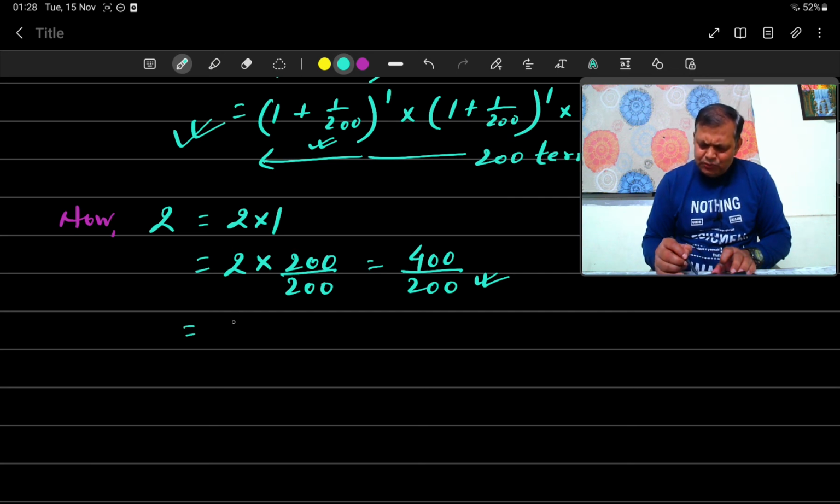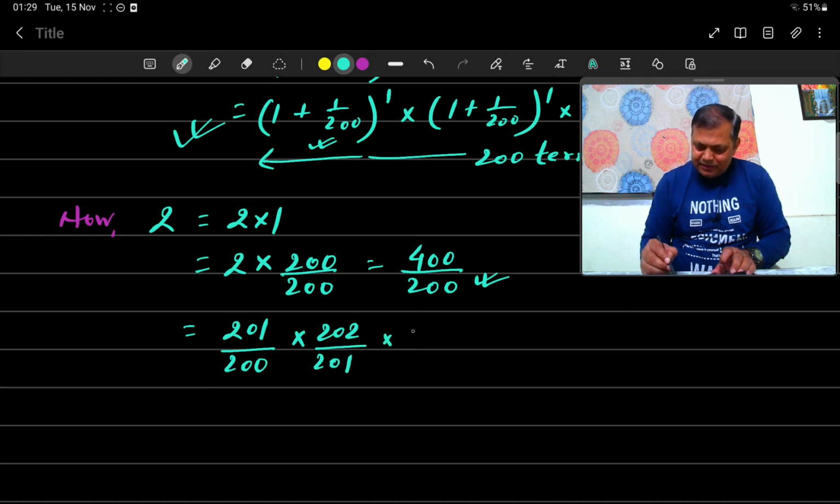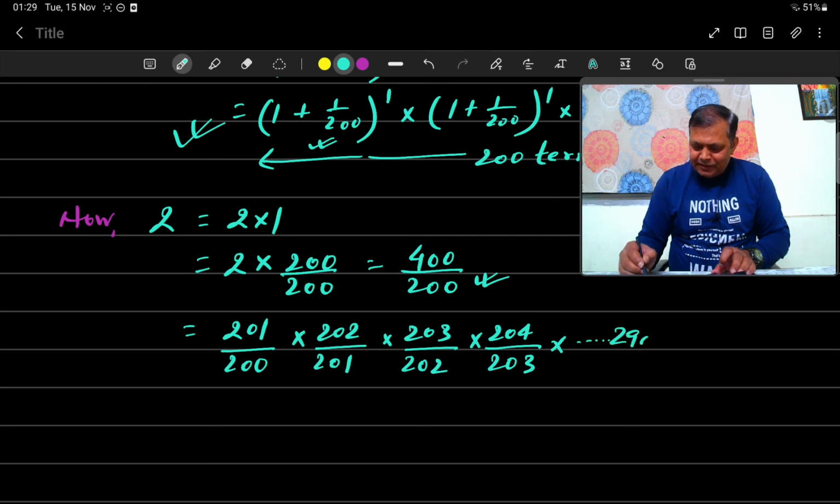Like this, you can write 201 divided by 200 multiplied by 202 divided by 201 multiplied by 203 divided by 202 multiplied by 204 divided by 203 and so on, up to 298 divided by 297.